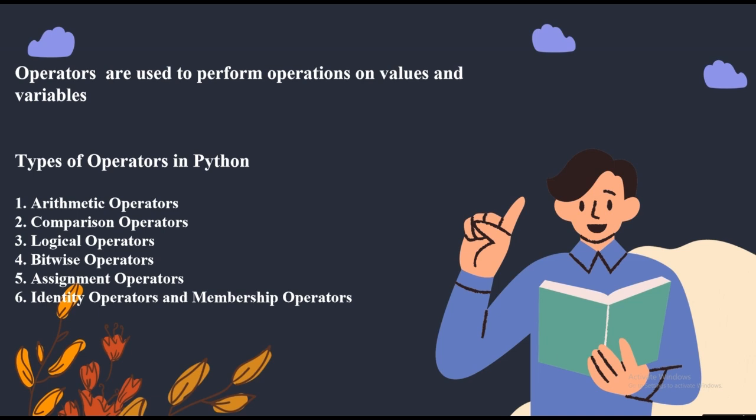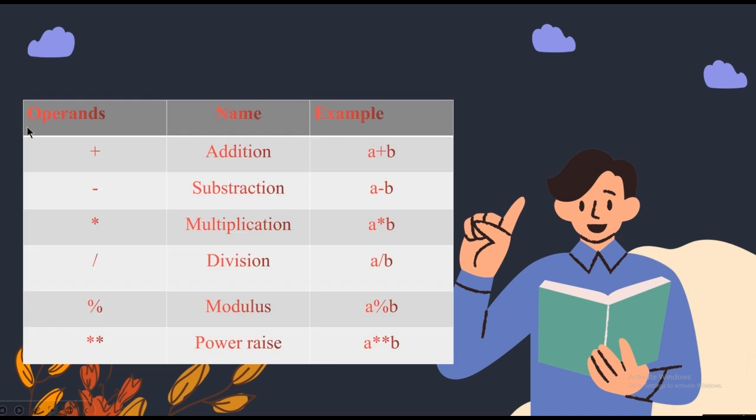Now let me tell you, we won't be taking a very simple example of just adding two numbers. We will try to understand where exactly in real life all these operators are used, okay. As I said, in this PPT we're mainly going to talk about arithmetic operators. First, let's understand there is a concept of operands, okay. We have addition, subtraction, multiplication, division, modulus, and power.